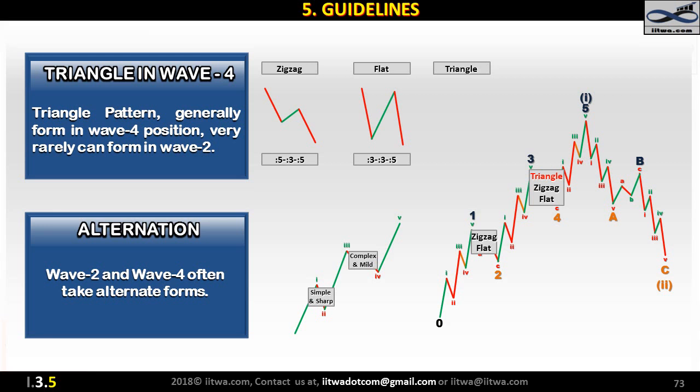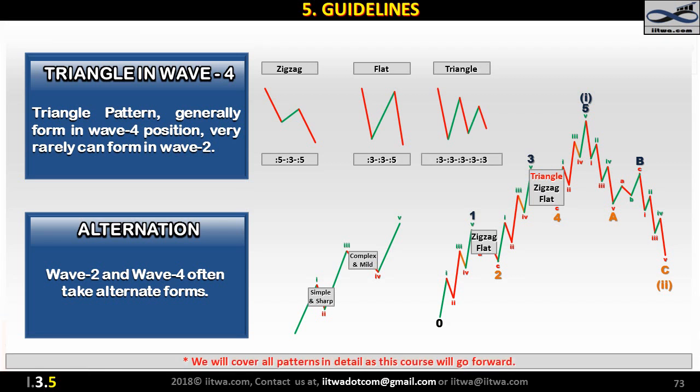While triangle pattern is composed of 5 smaller degree waves and has internal structure 3, 3, 3, 3, 3. Thus, triangle is one type of corrective pattern, and generally it does not form in the wave 2 position, while zigzag and flat patterns form in both places, at wave 2 as well as at wave 4.